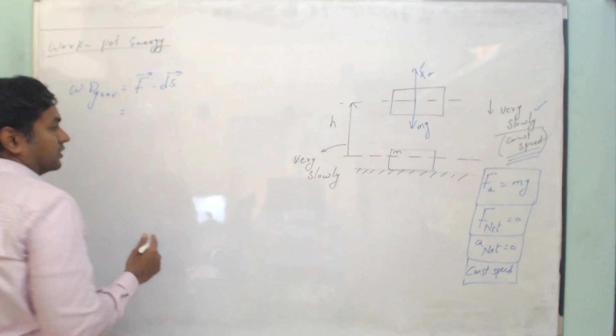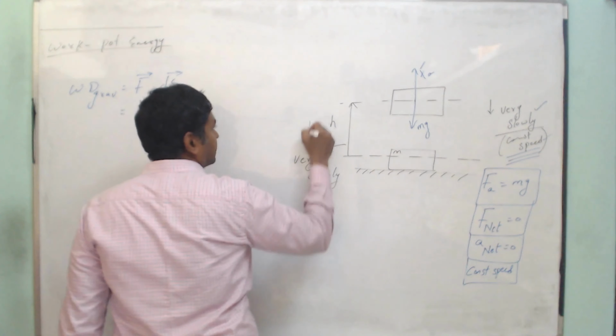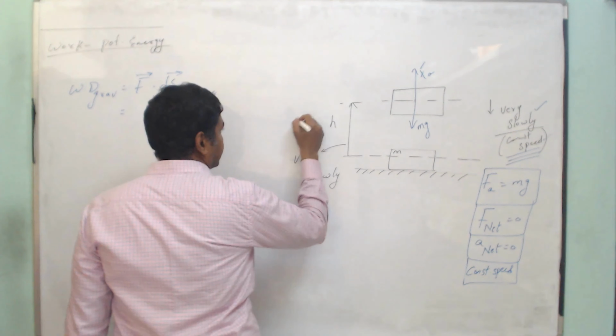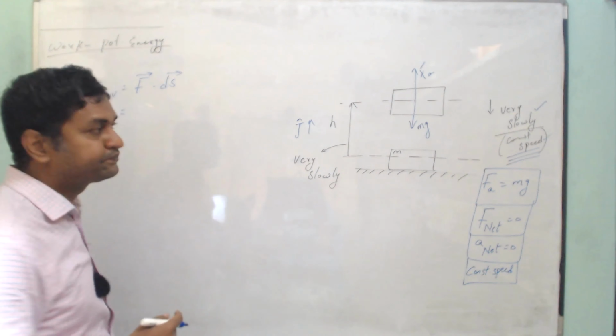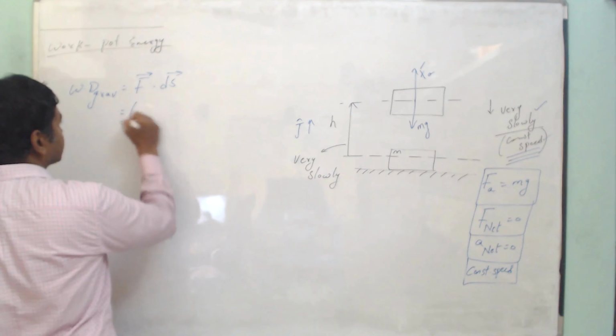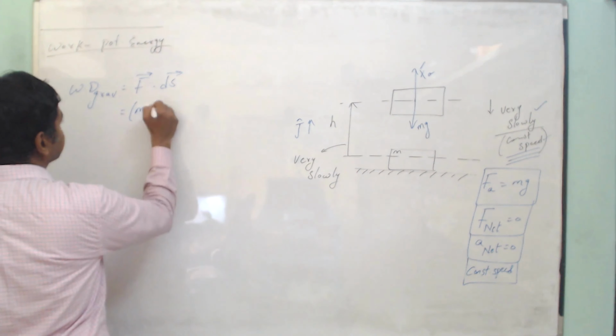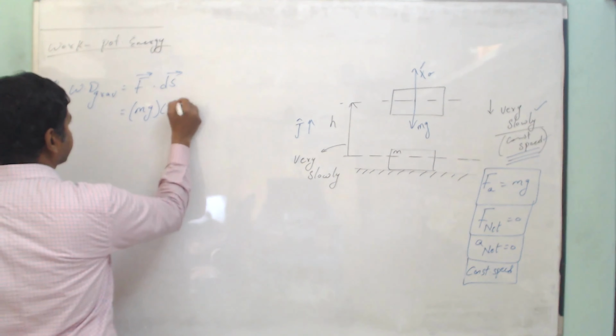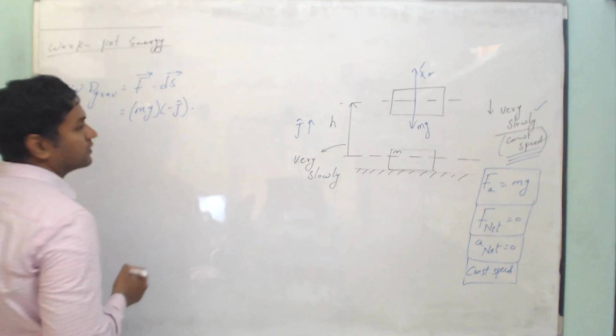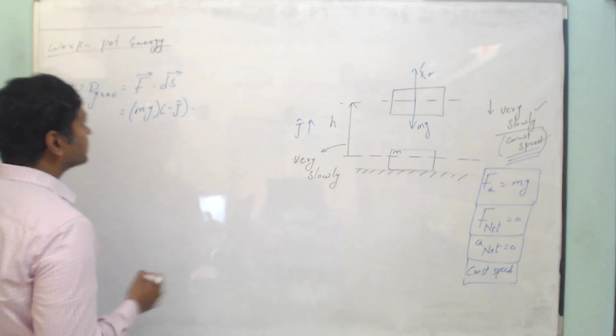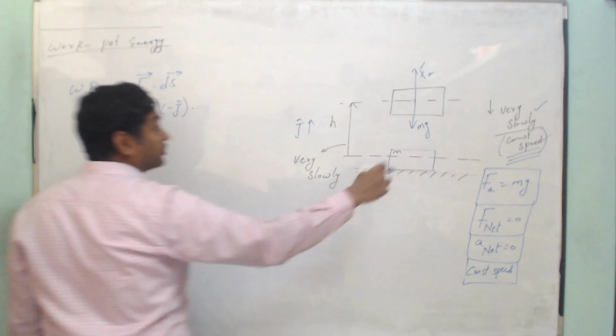Yes, sir. Let us give this vector upwards as j cap, right? Yes, sir. So in this case, my gravitational force will be mg times minus j cap, correct? Yes, sir. Dot product with my displacement vector while going down.